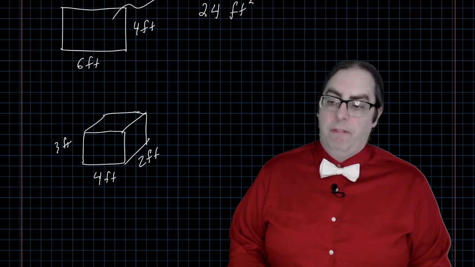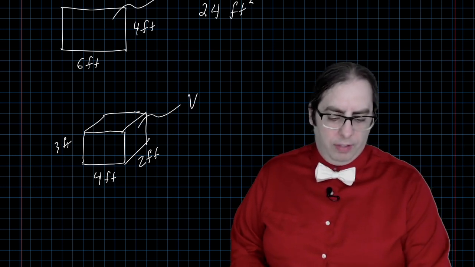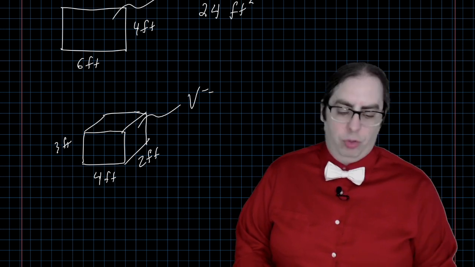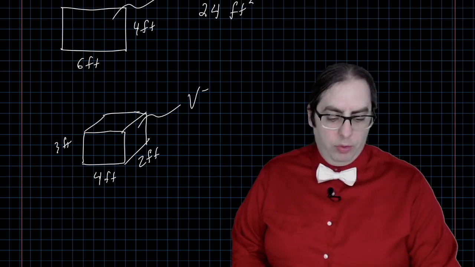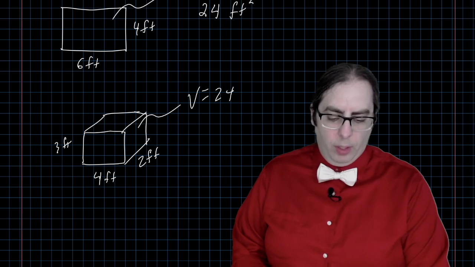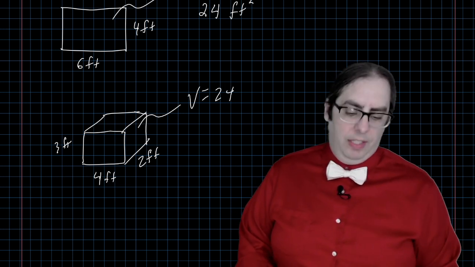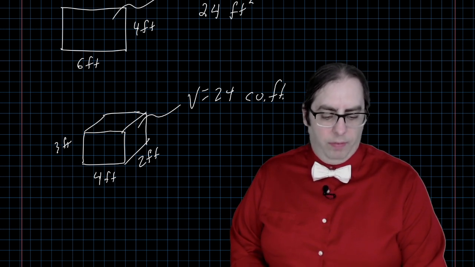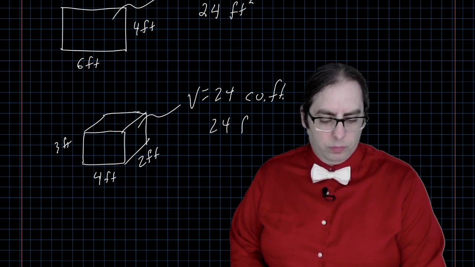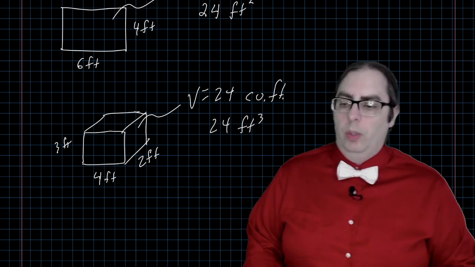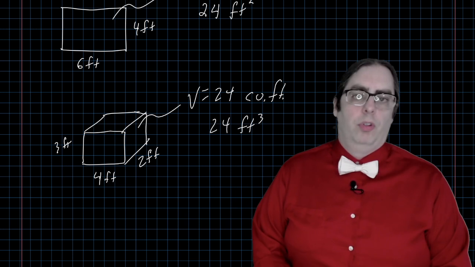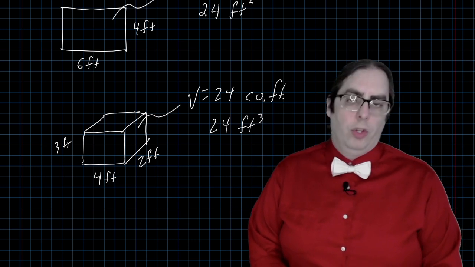And then the volume of the box, the stuff contained in the box, we can multiply 3 times 4 times 2, and by coincidence, numerically, we still get 24. But if we have feet times feet times feet, we have now cubic feet, which in the US customary system is always written as CUFT. For our purposes, we're going to write it as feet to the third power.